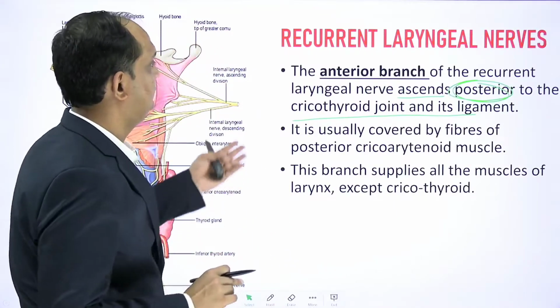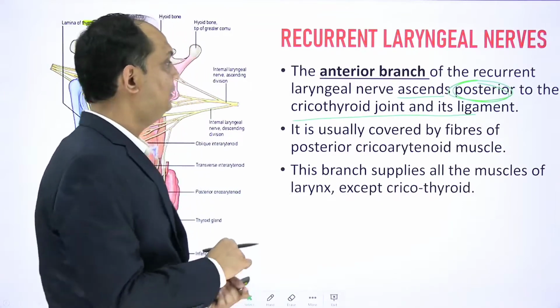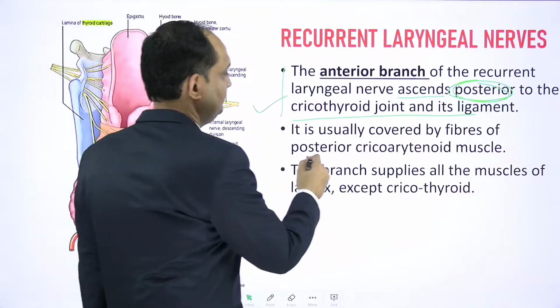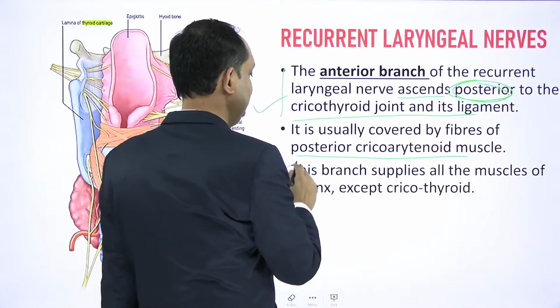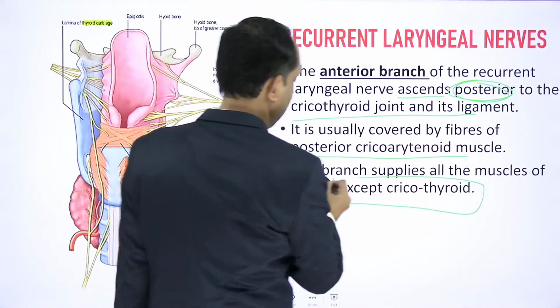For that reason also the recurrent laryngeal nerve comes in contact. So this is a very important landmark, and it is usually covered by the fibers of the posterior cricoarytenoid, and ultimately it supplies all the muscles except cricothyroid.